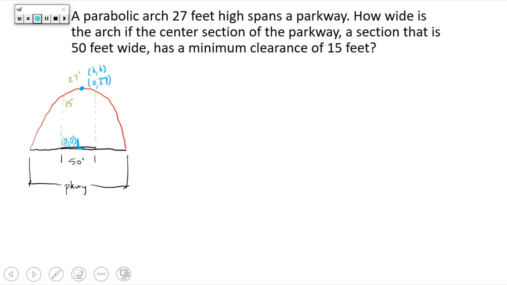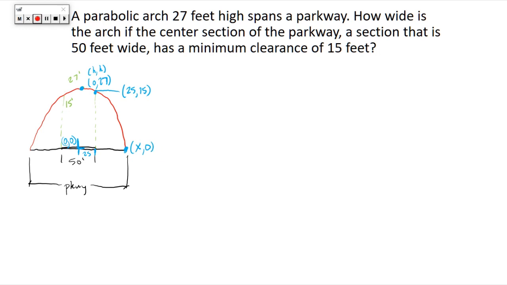We also know that this point right here, I'm going to draw an arrow to it, is 25 over because it's halfway. This center section is 50 feet, so halfway is 25, and then again the clearance is 15, so that's 15. And what we want to know eventually is what's the x coordinate over here? We know that the y coordinate would be 0.